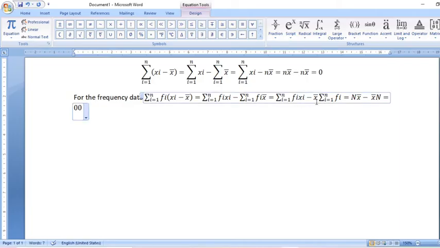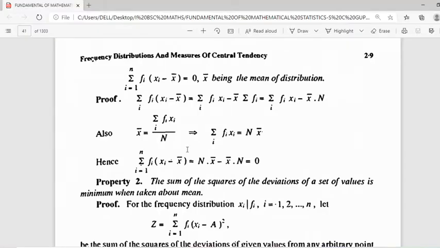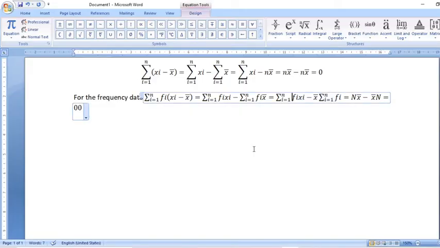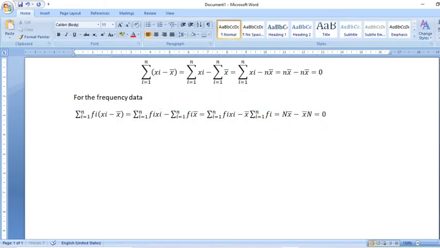So instead of summation fi, we can put N, and instead of the first term, we can put N into x bar. So from that we can easily see that it is exactly equal to N x bar minus x bar N, which is exactly equal to 0.